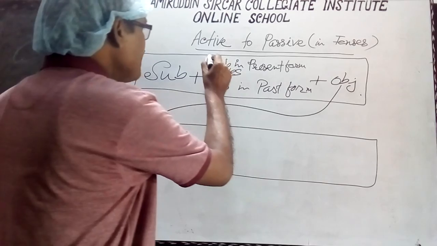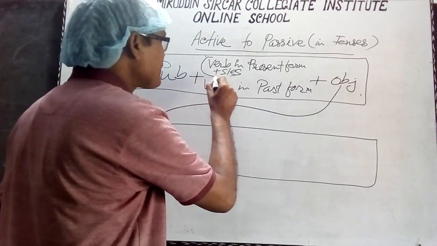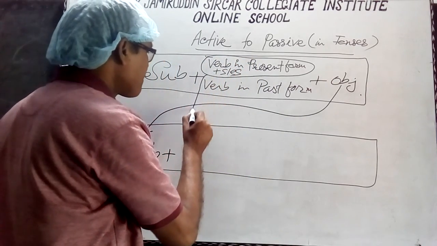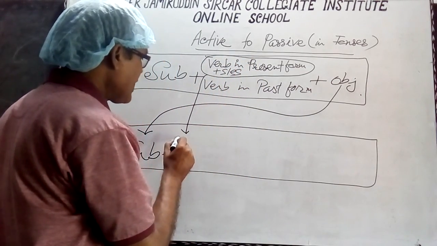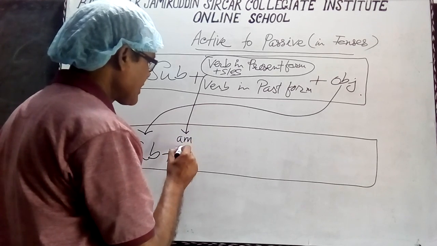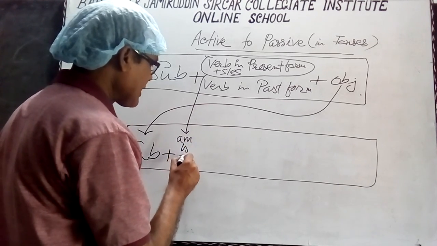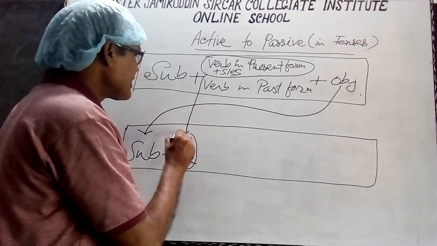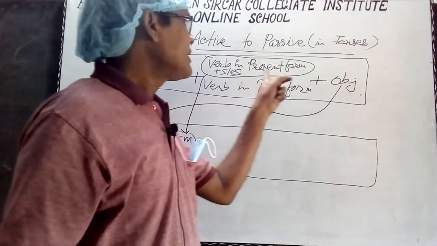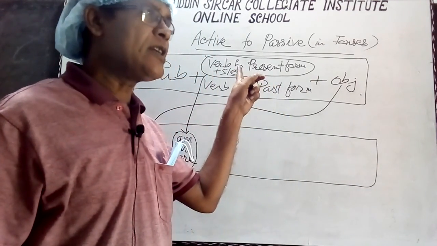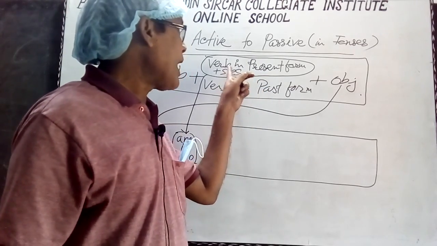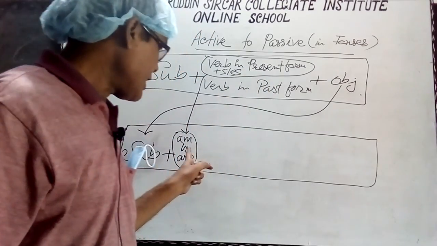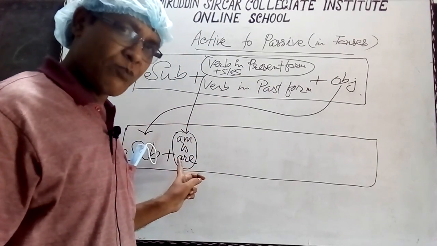Then if the verb is in the present indefinite, then we must use am, is, are as auxiliary verb. If this tense is in the present indefinite tense, or if the verb is in the present form, or takes s or es, we must put here am, is, are after the subject in the passive voice.